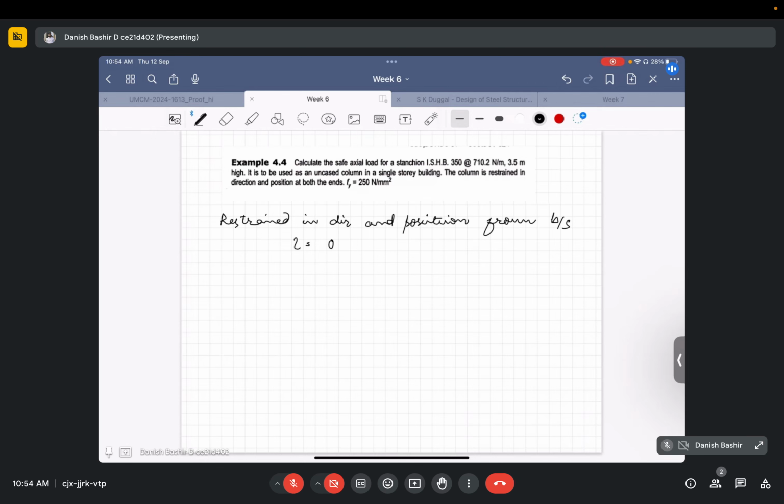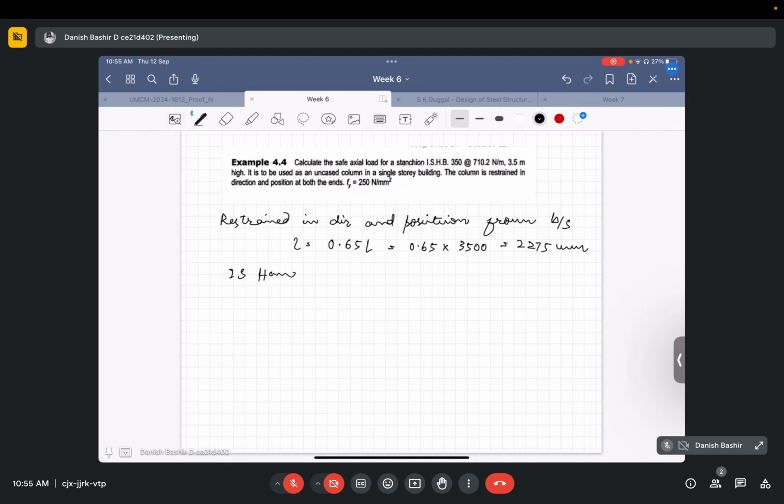L will be 65% of its total length. It comes out to be 0.65 times 3.5 meter high, which is 3500 mm. It comes out to be 2275 mm. It is the effective length.